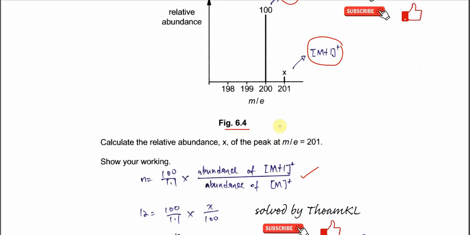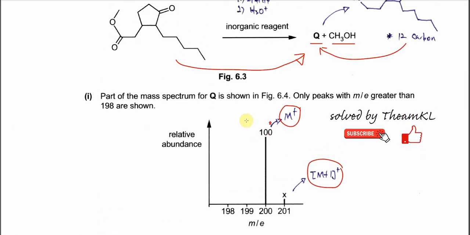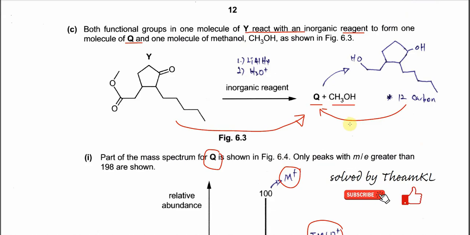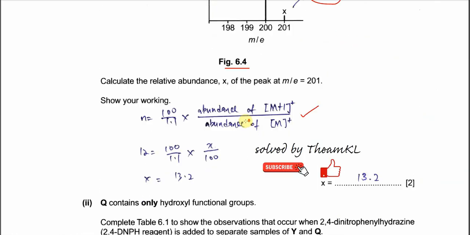Just now I already told you that because this is the mass spectrum of Q, it must have 12 carbon inside. Again, Y has 13 carbon and it forms 2 products. One product is methanol, 1 carbon, so Q must have 12 carbon. So you must use 12 carbon for this calculation.